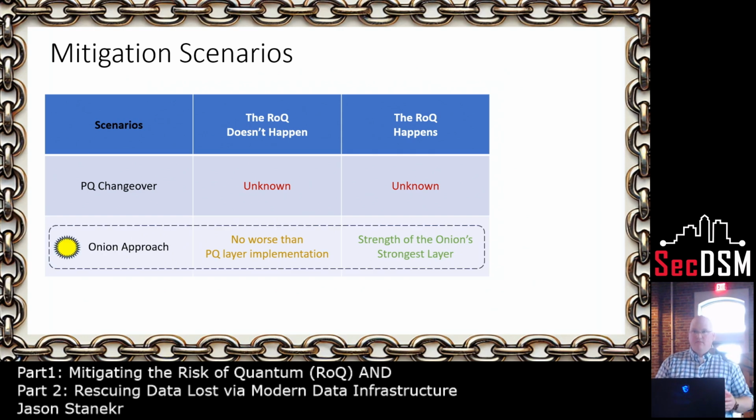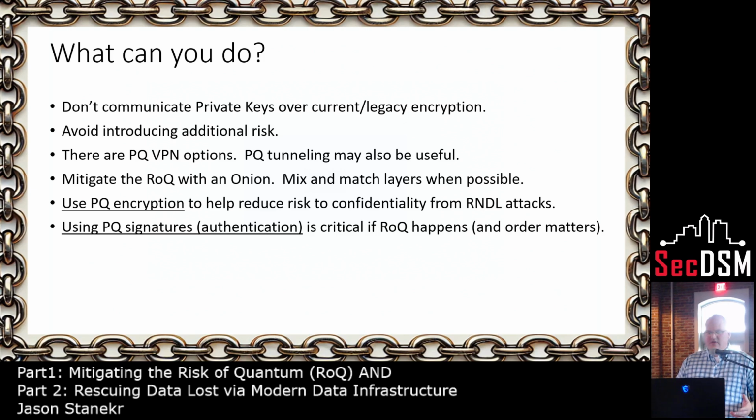So I think it makes the most sense to do something, and that something is to keep in place what we have today for the moment and add a layer, with the intent of this being the start, not the end, of protecting against the rise of quantum computing. So what can you do today?